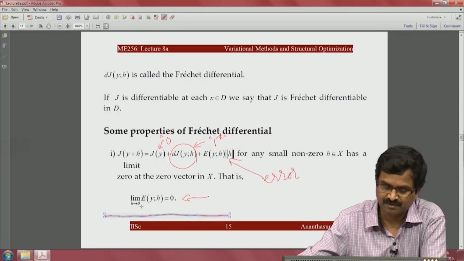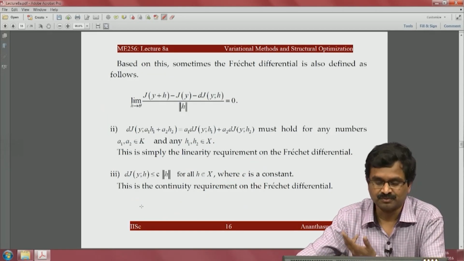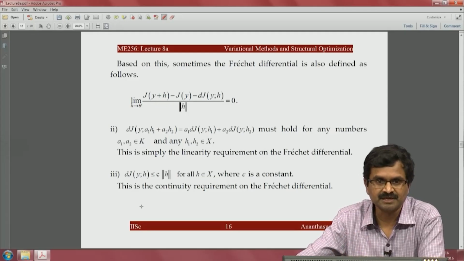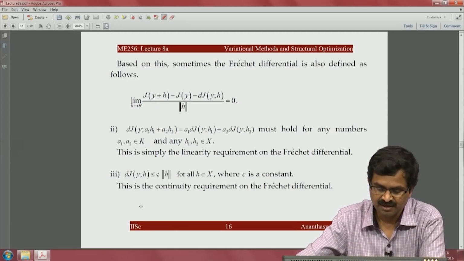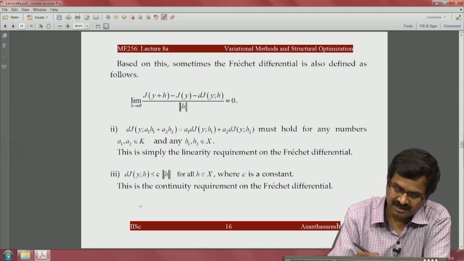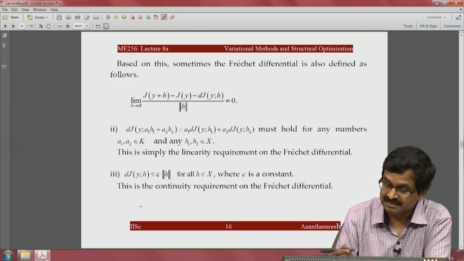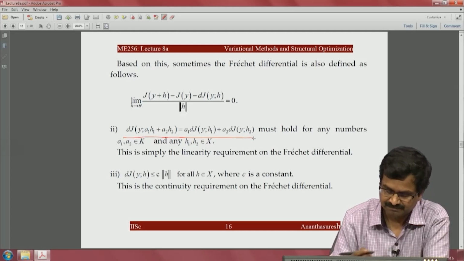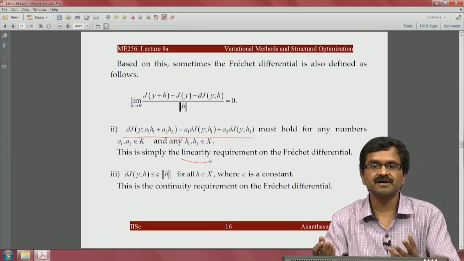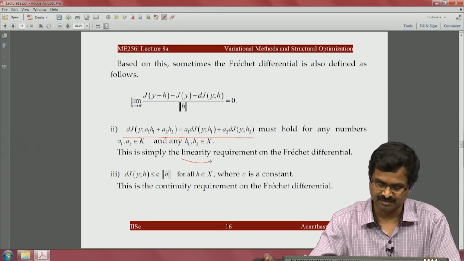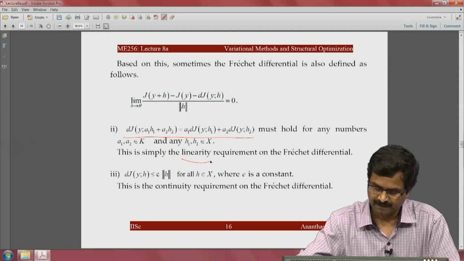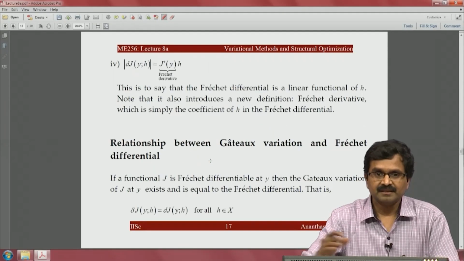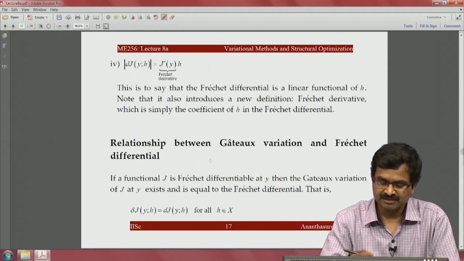There are interesting properties which you can go through in the notes that are going to accompany this video lecture. For example, this Frechet differential is actually linear, meaning that you can do operations like that. So, basically linearity, it is a first order term, it is linear, understand that much. And there is a relationship between Gateaux variation and Frechet differential.